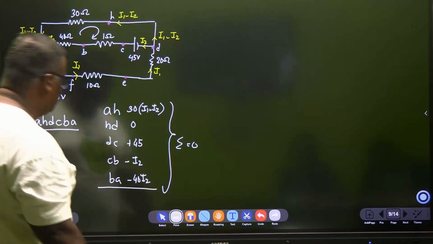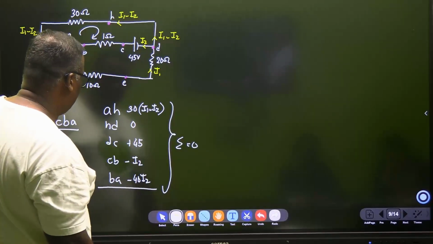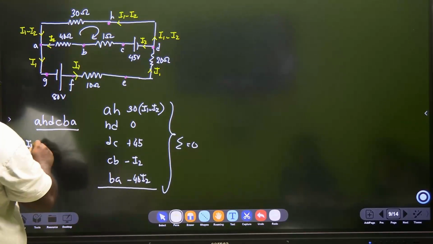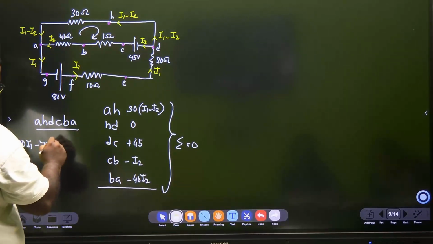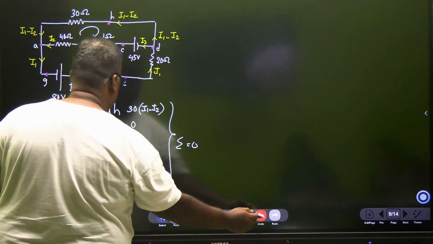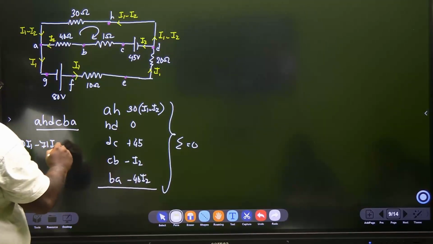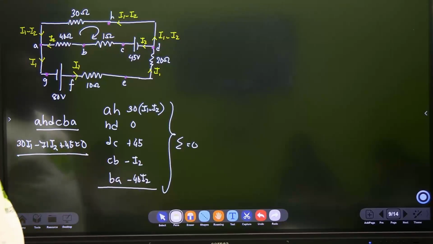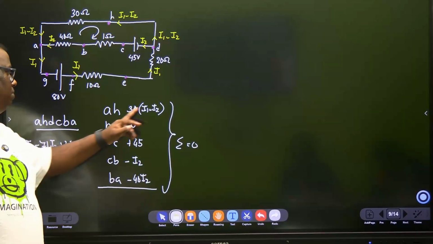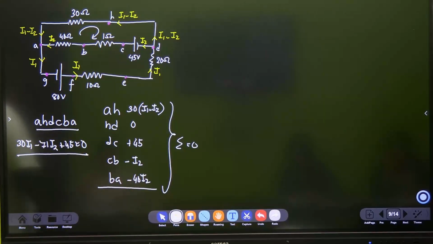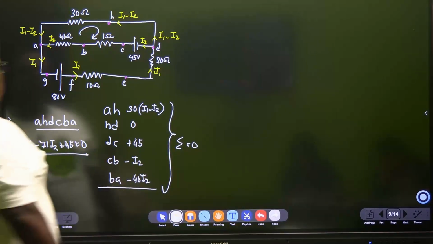Then I have minus 30 I2, minus 40 I2, which is minus 70 I2, minus I2, minus 71 I2 plus 45 is equal to 0. Children, did you get this or not? 30 I1, minus 30 I2, minus 40 I2, minus 70 I2. Correct? Okay.